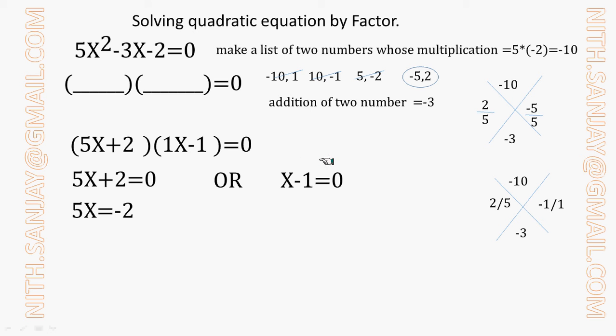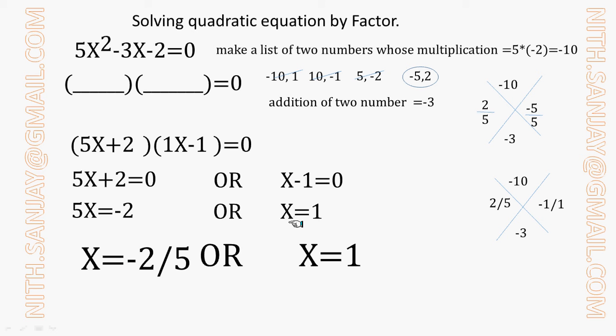I will add 1 to both sides of this expression, so x will be equal to 1. Now here I will divide both sides by 5, so x will be equal to minus 2 upon 5, and from here x is equal to 1. So x is equal to minus 2 upon 5 or x is equal to 1 is the solution of this equation. So this is one method.